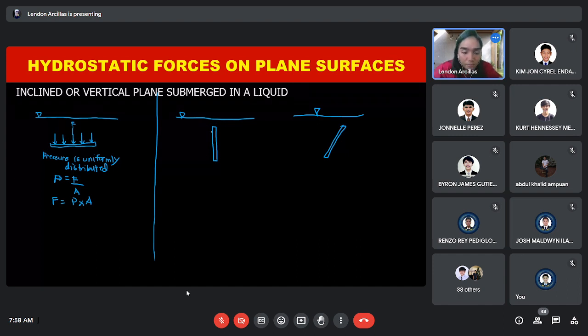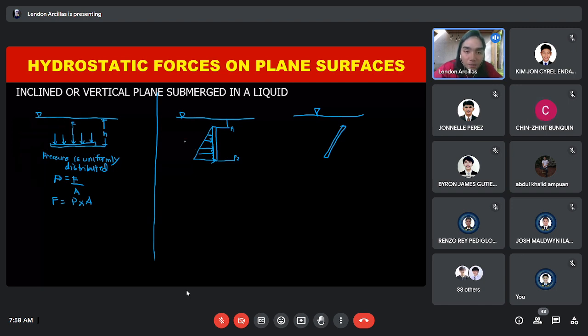Why? 'Di ba yung sinasabi ko, this is height. So pressure here is not equal to the pressure there. Okay? Mas malaki yung pressure dito sa bottom compare sa pressure at the top.